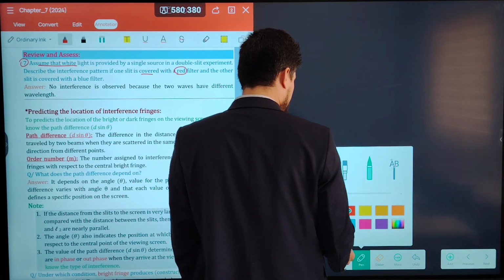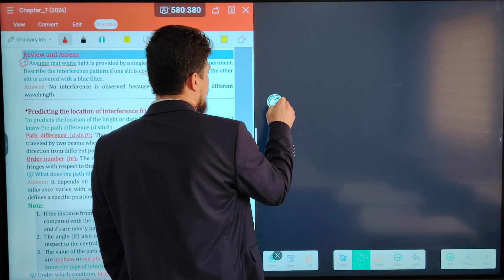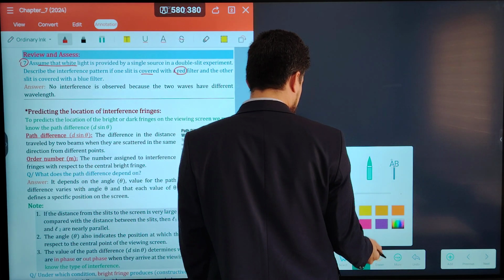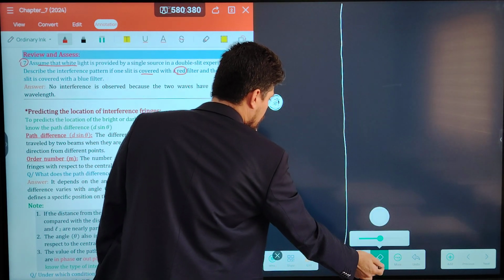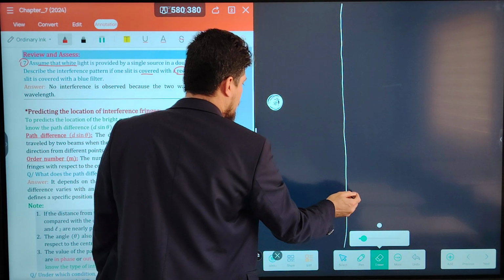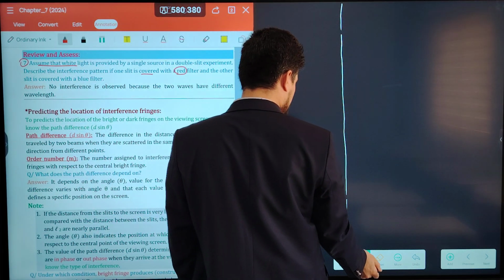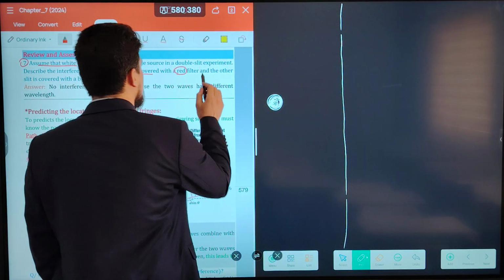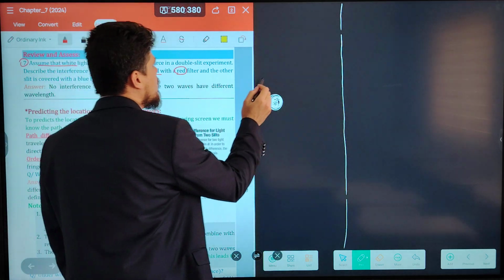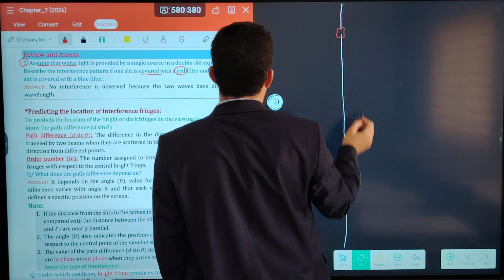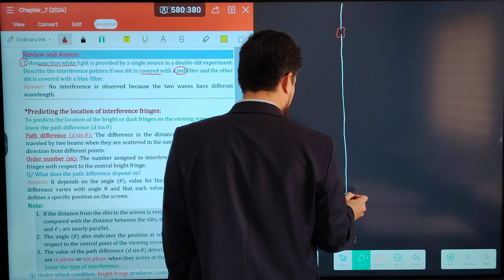Okay, this is white light, and this is the barrier. So if we have two single slits, but one of them is covered with a red filter, and the other with a blue filter.